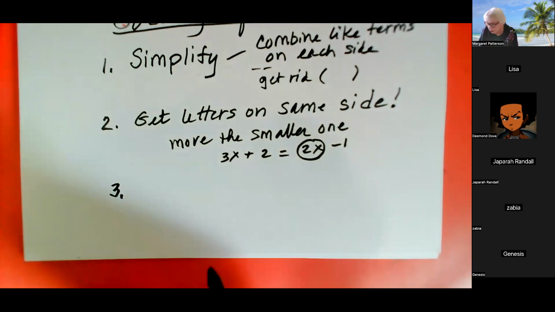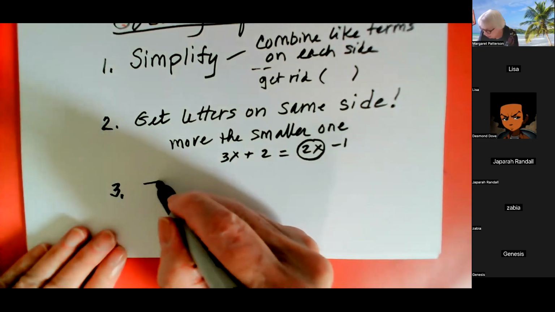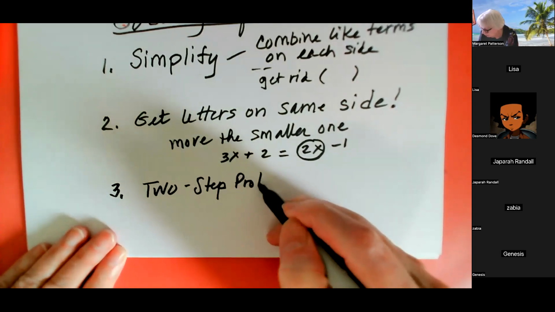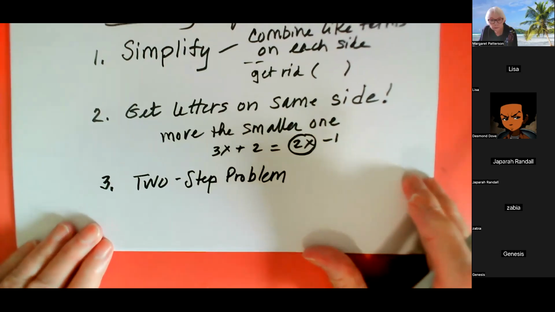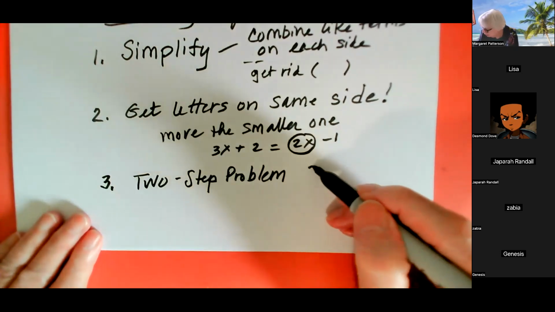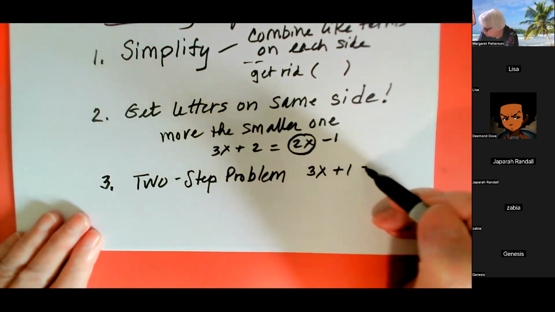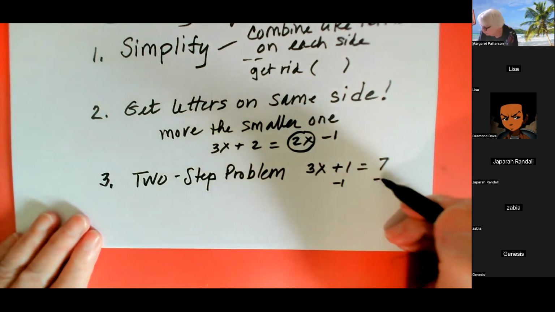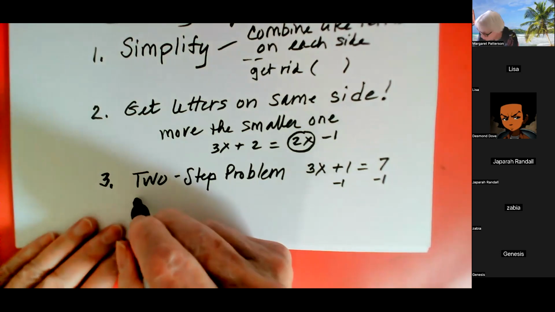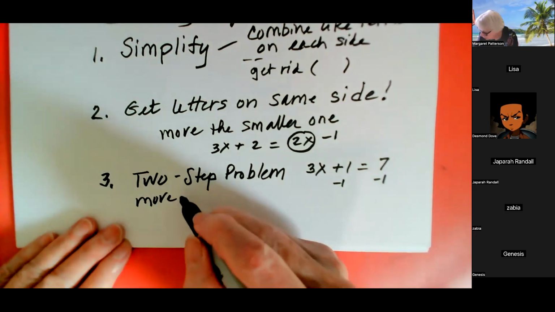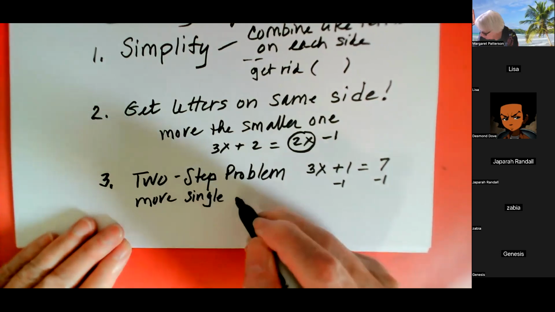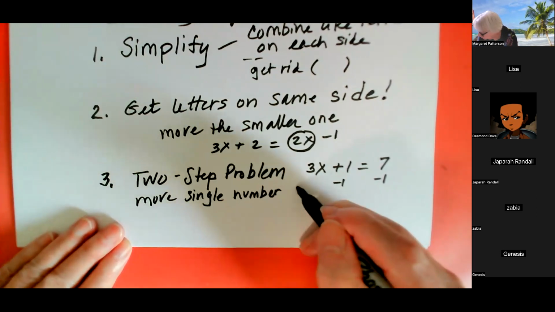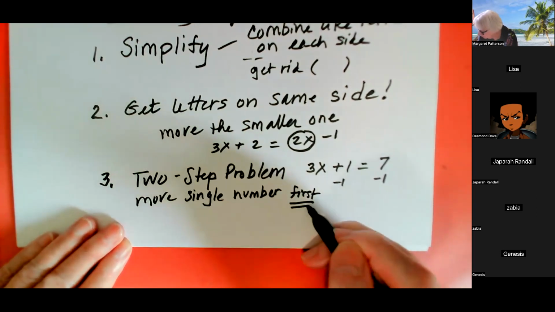Once you have the letters on the same side, most likely what you have is the two-step problem. The two-step problem would be 3x plus 1 is 7. And what I want you to do is move the single number first.